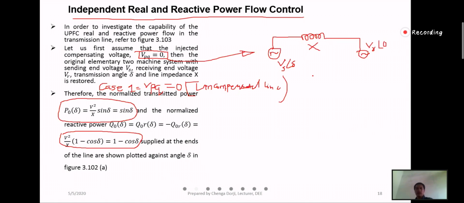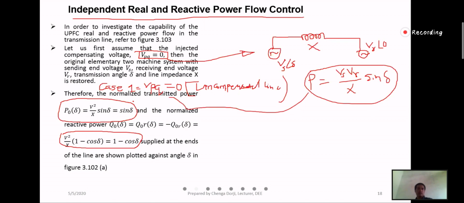Then what will be your power here? So normal power is given by VS VR by X sine delta.